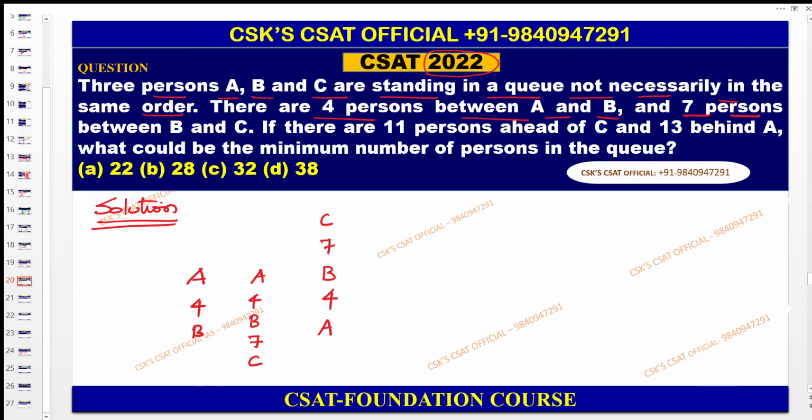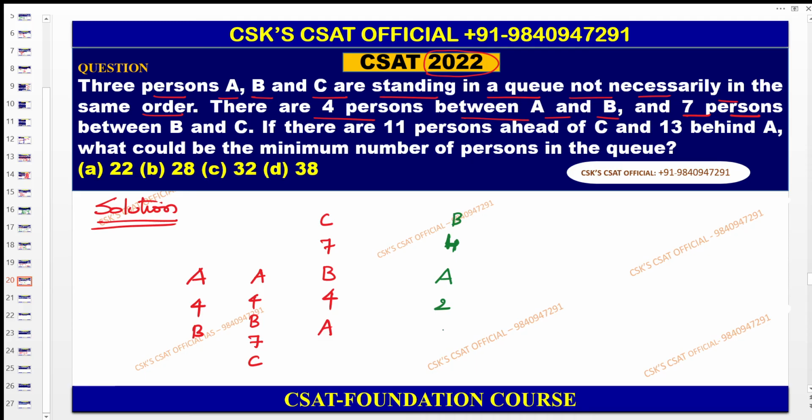If there are 11 persons ahead of C, 11 persons ahead of C. Okay. Now try to understand, is there any possibility? Now let us take this one. If you are taking A here, then there are 4 people between A and B. Now try to understand, this case is very important, that is why I am explaining this case. 7 persons between B and C. Here 4, here 5, then another 2 persons are also possible here.